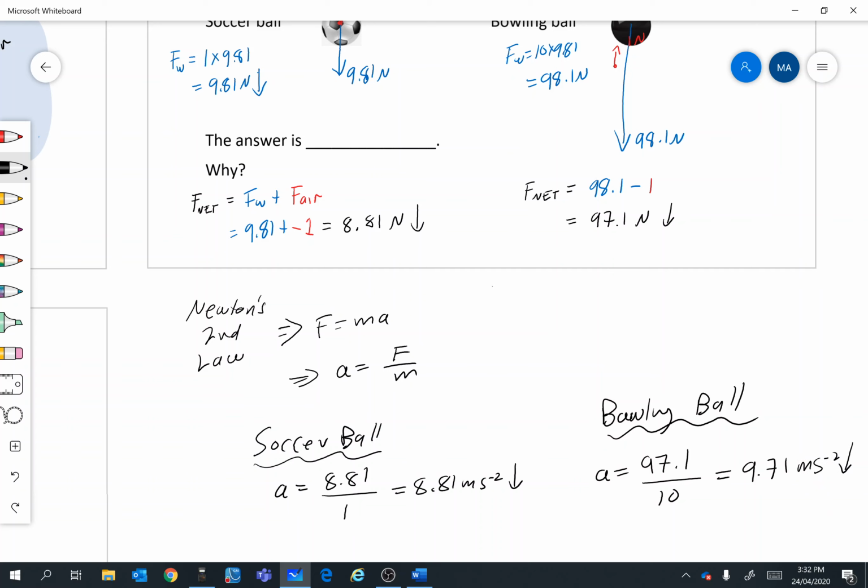So we can see that the rate of acceleration for the bowling ball is greater than the rate of acceleration for the soccer ball. The air resistance is similar for both, but because of that greater mass of the bowling ball, it has a greater ability to overcome that air resistance because its mass is so great compared to the force of air resistance.